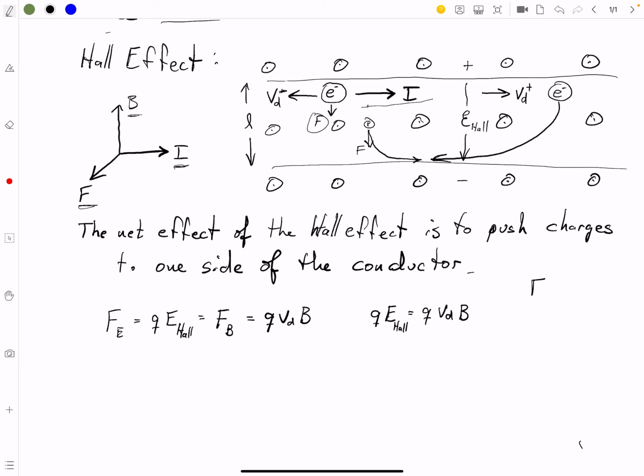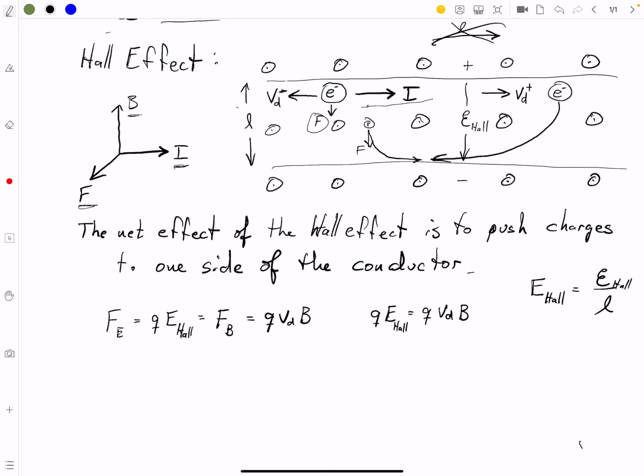But that's equal to our EMF per length. So our Hall EMF per length, which isn't the length. It's not this, okay? That's not the length we're talking about.